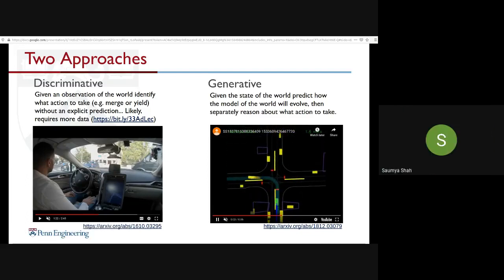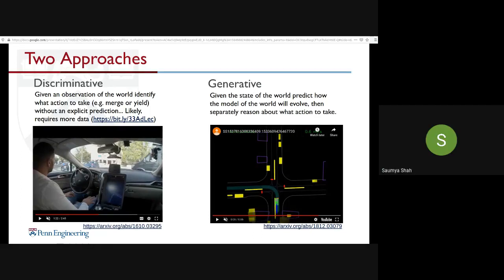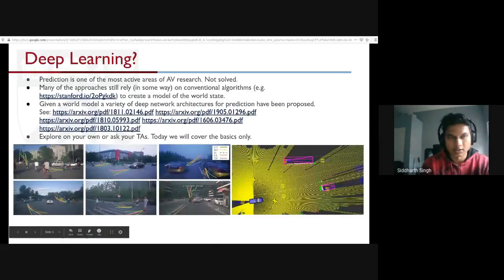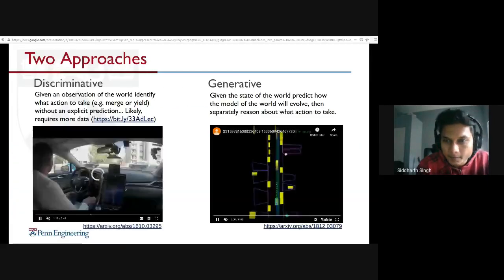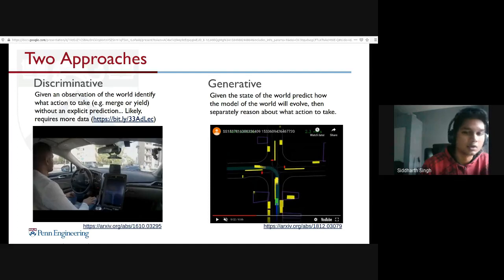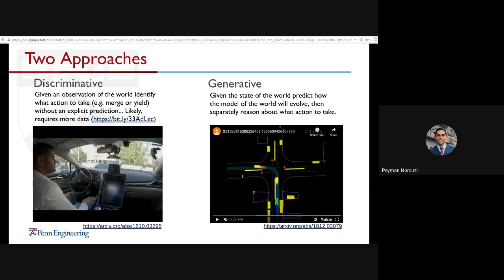I'm not sure if others can see it. Do you see the slide titled Two Approaches? Yeah, I see the slide, but nothing being played. I see. Okay. Pin the slides. How do I pin the slides? This is strange. Can nobody else see the video being played? I can see it. I pinned the slides now.